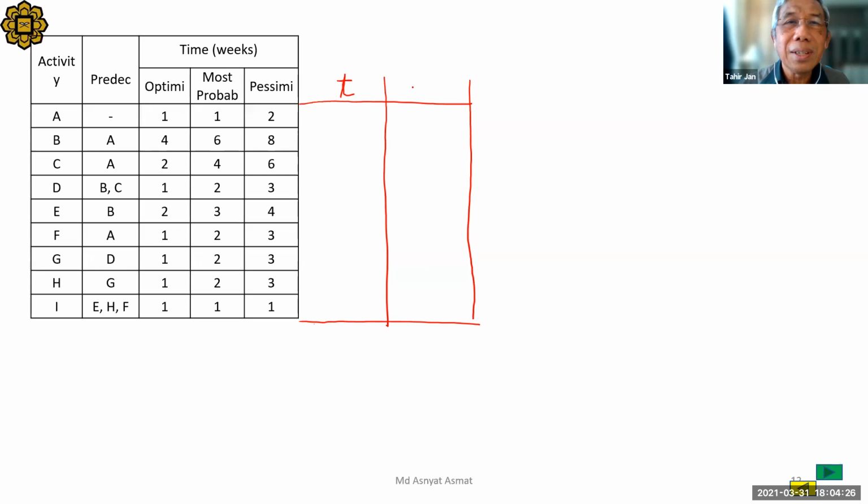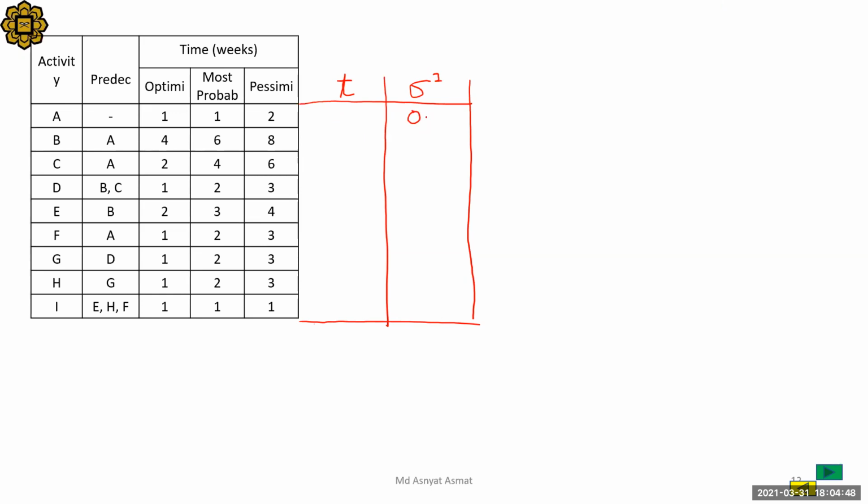T and the variance for each activity. If you have a decimal, you round it off to an integer, easier to work on. This is just for exercise. Variance is 0.03.